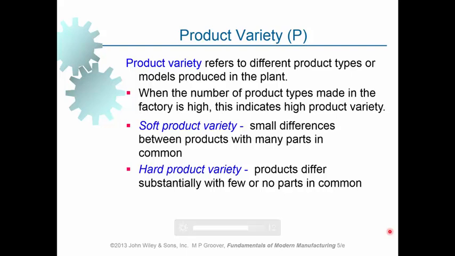And we can also classify production variety in terms of soft product variety or hard product variety. Soft product variety applies to the case when differences between products is small. That is, for example, a company is producing different models of the same product that are similar to one another. Like what? Like different types of vacuum cleaners.